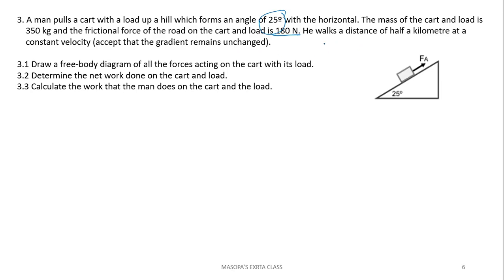So let's quickly focus on delta x, because they say that he walked half a kilometer. You know that 1 kilometer consists of 1,000 meters, because we are working with meters. So if they say a half, it means half of 1,000 meters, which is 500 meters.